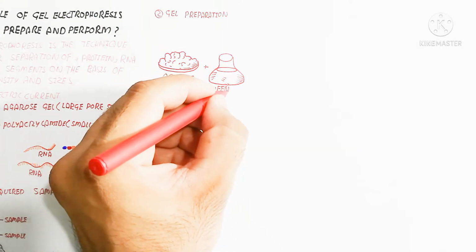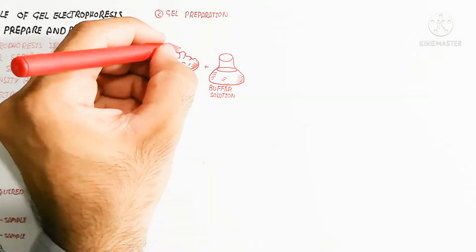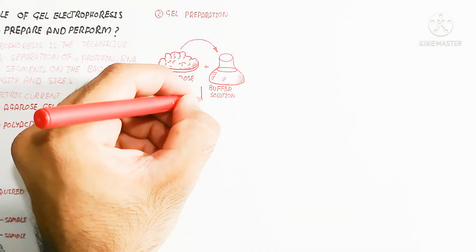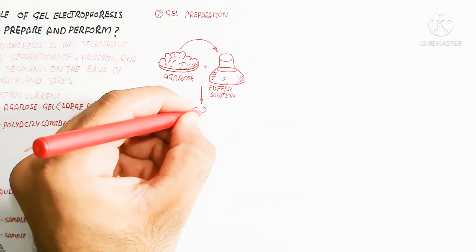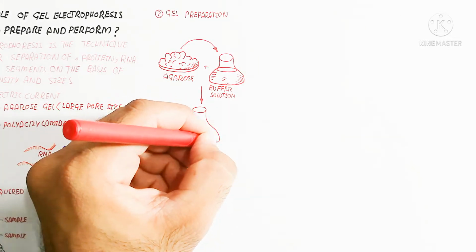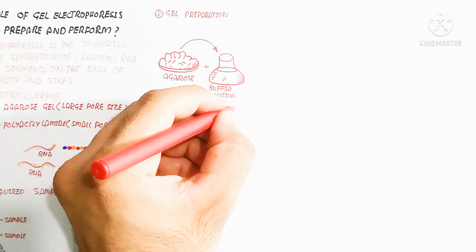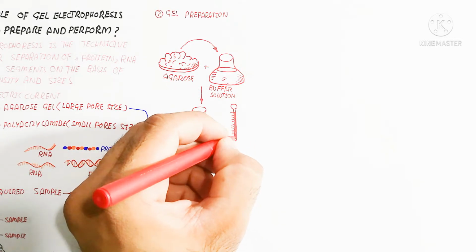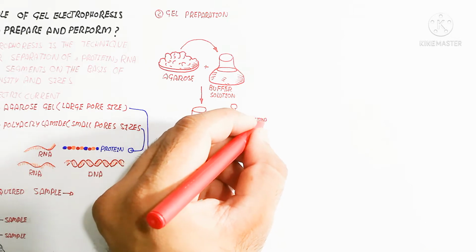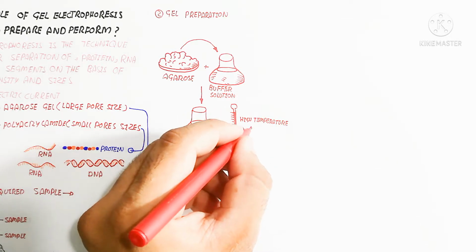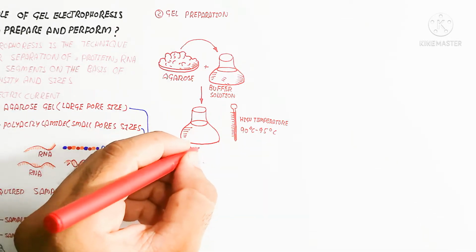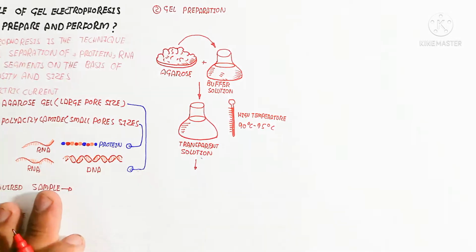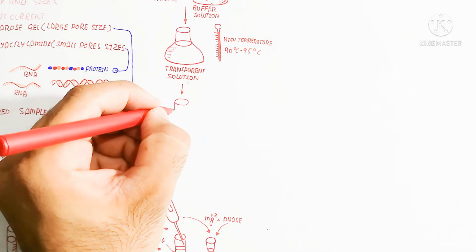What is the meaning of gel preparation? We are preparing the gel for use. The agarose gel is in powder form, which we can buy in the market. We put it into the buffer solution and heat it to 90 to 95 degrees Celsius to create a transparent solution.